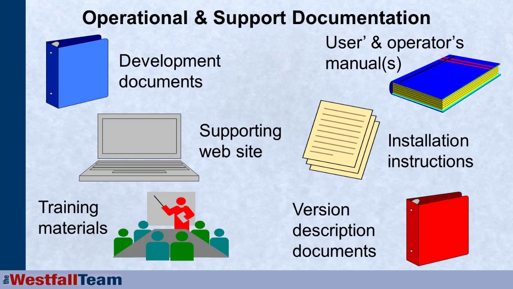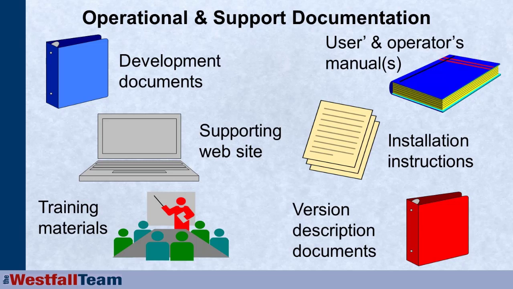I've mentioned them briefly, but it may include user or operator manuals, development documents even, if you ship to your customers your specifications, your requirements, your architecture, etc. Any installation instructions. Part of configuration management is making sure that the installation instructions are complete, accurate, and actually executable.